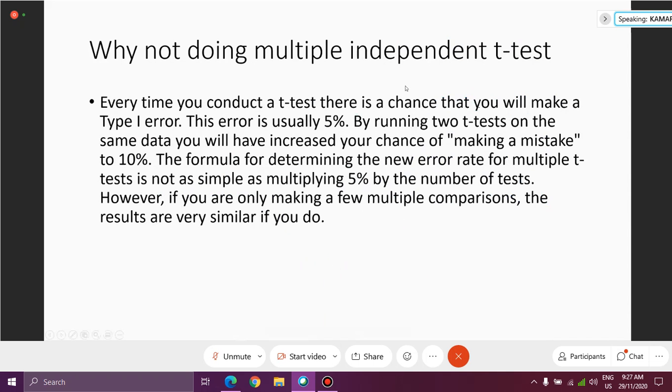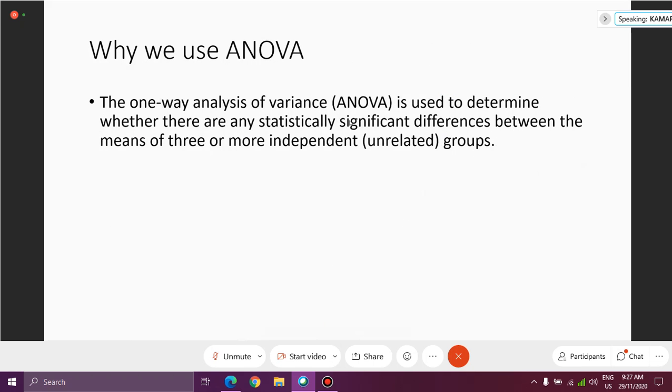So to minimize the chance of making error, we do ANOVA, analysis of variance. Analysis of variance will test if there is a statistically significant difference between the means of 3 or more independent groups.